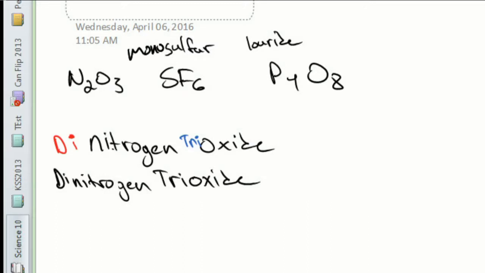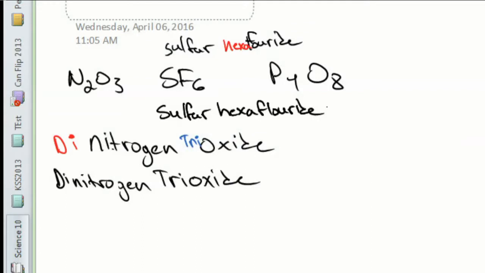We don't do it. So this is just sulfur. And then 6 is hexa. Get that right? So this is sulfur hexafluoride. Has anybody ever heard of sulfur hexafluoride before? It's pretty cool stuff.